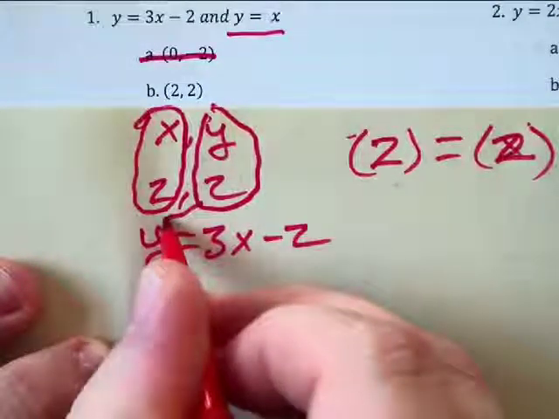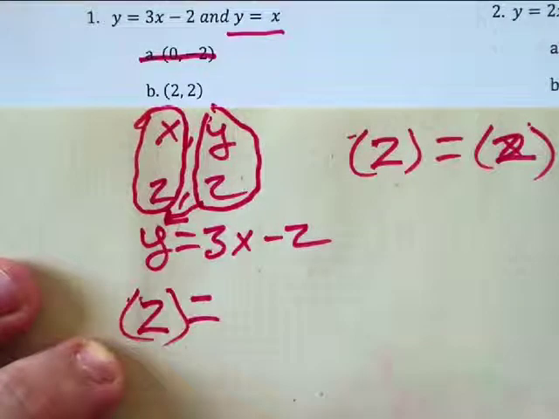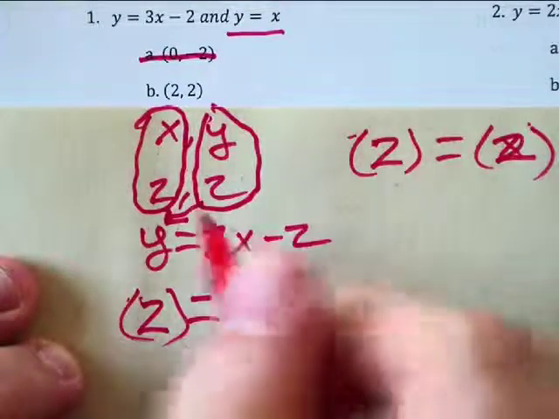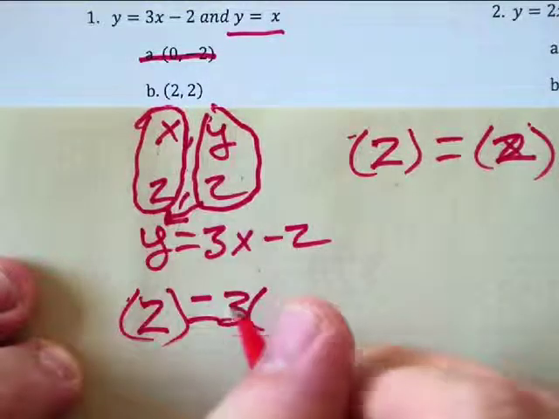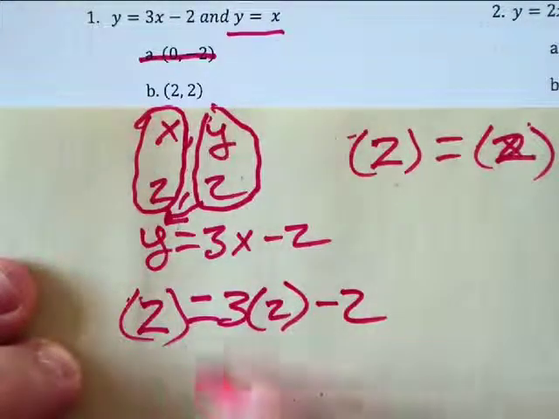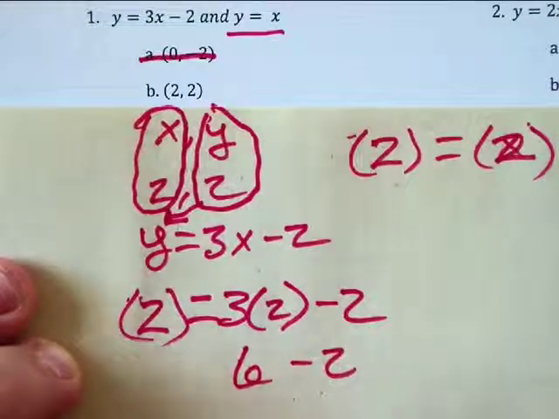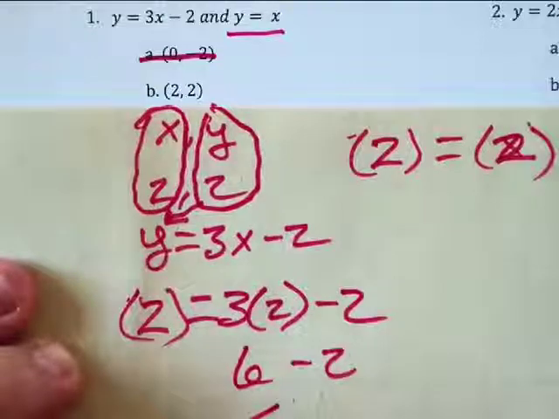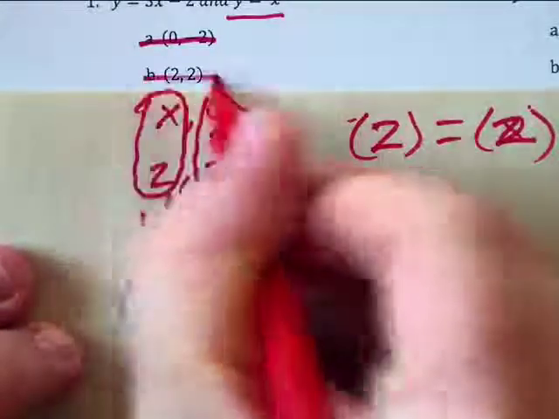The y needs to be a 2 equals, and I put it in parentheses just so you know I plugged it in, 3 times x is 2 minus 2, and we get 3 times 2 is 6. 6 minus 2 is 4. Does 2 equal 4? No, it does not. Therefore, 2 comma 2 can't be used either.